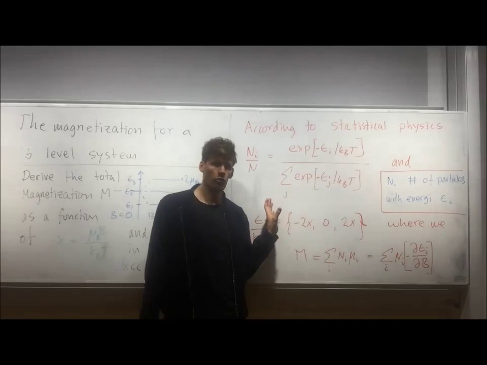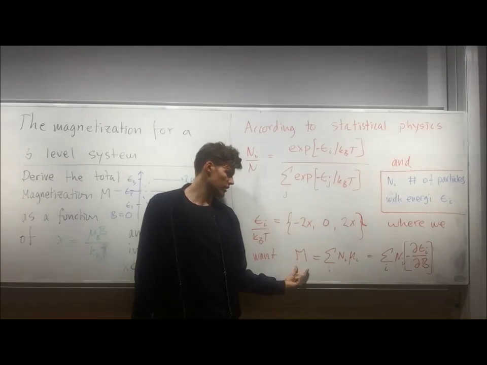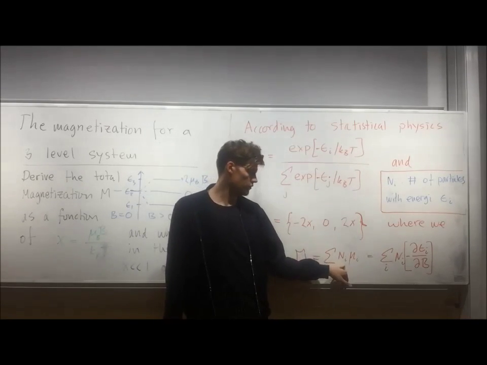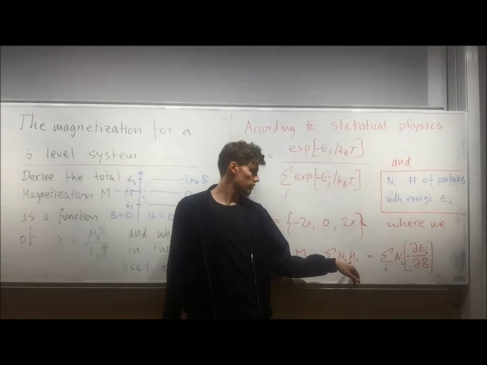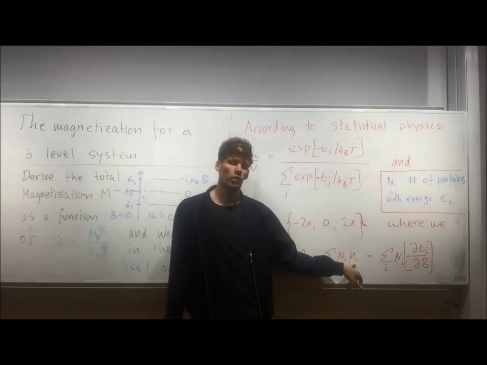And from this we can then determine what the magnetization is. The magnetization is simply the sum of the particles in a certain state times the magnetic moment for the particles in that state.